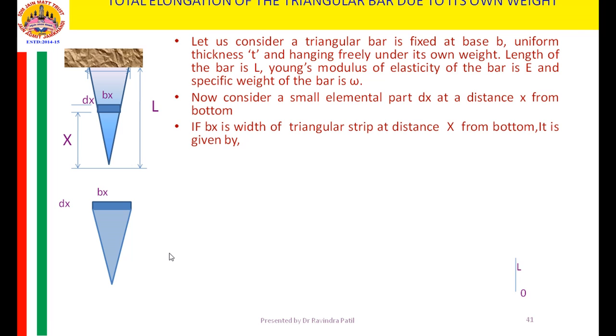So by similar triangles, Bx divided by x is equal to B divided by L. Therefore Bx is equal to B by L into x.